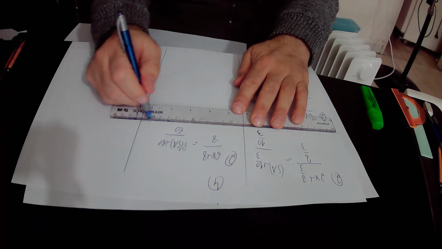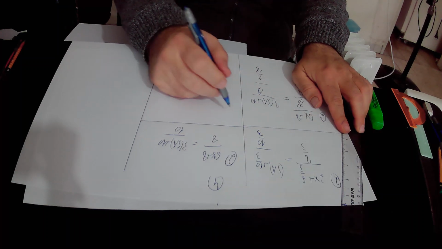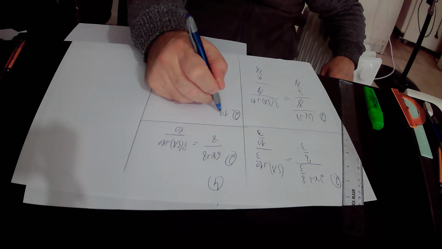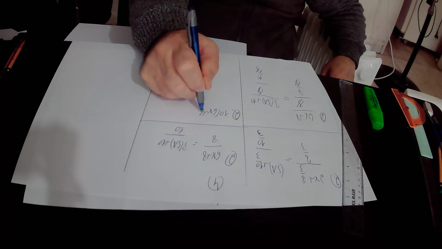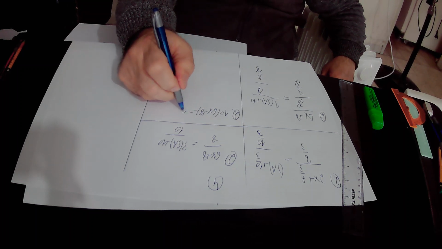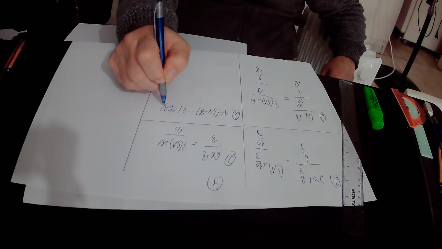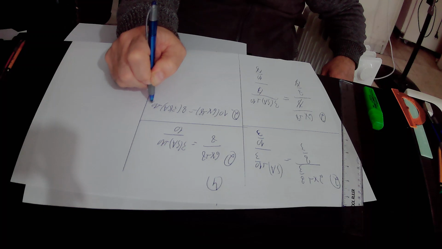So here we'll cross multiply equation 2, and we get that 10 times (6x plus 8) equals 8 times (3SA plus 10).